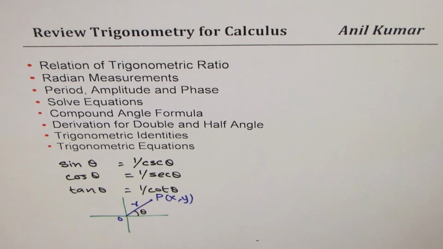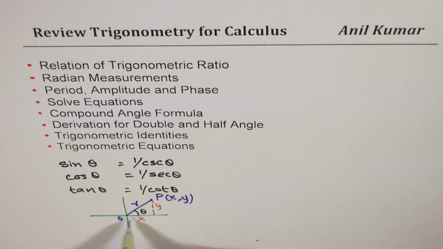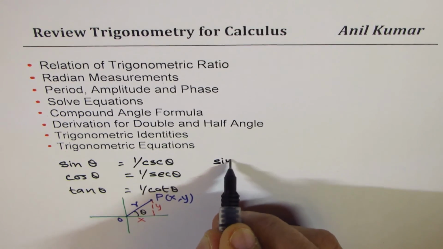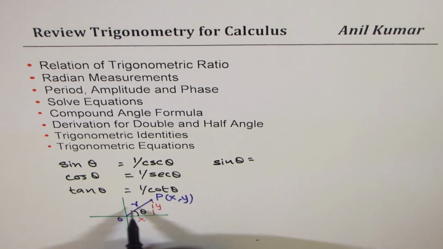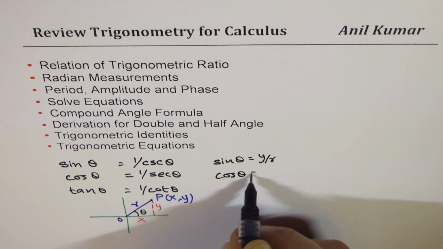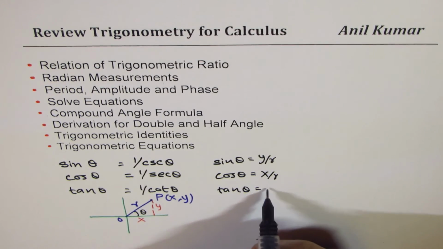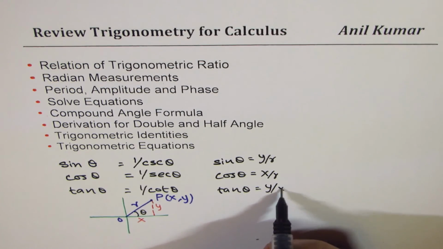If this is the angle theta, then when we drop a perpendicular from P to x axis, this value is y and the x value is this, right? So here we could write all our ratios as sine theta is y over r, cos theta is x over r, tan theta is y over x.